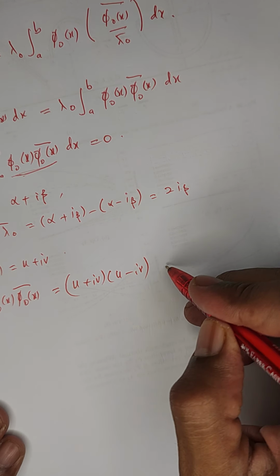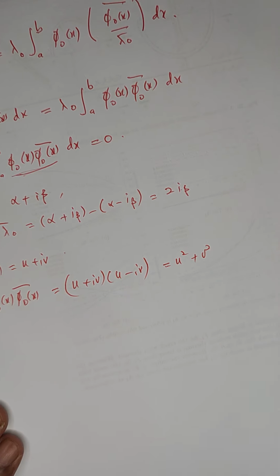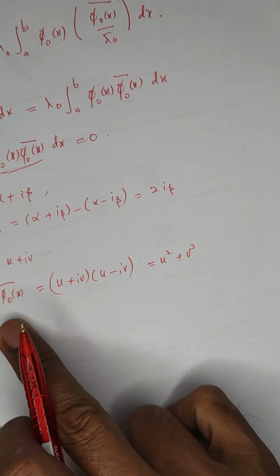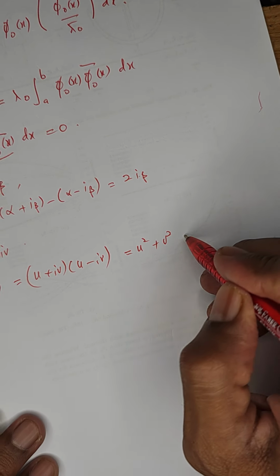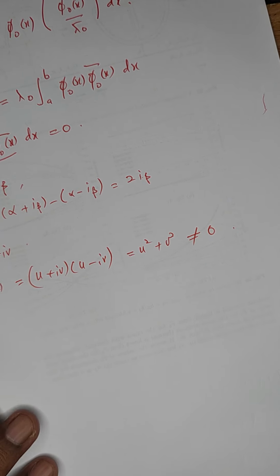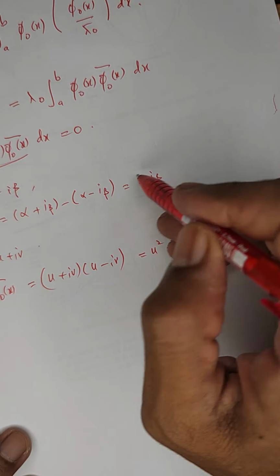That gives you u squared plus v squared. Basically this cannot be 0, because phi is our eigenfunction, so this is not 0.